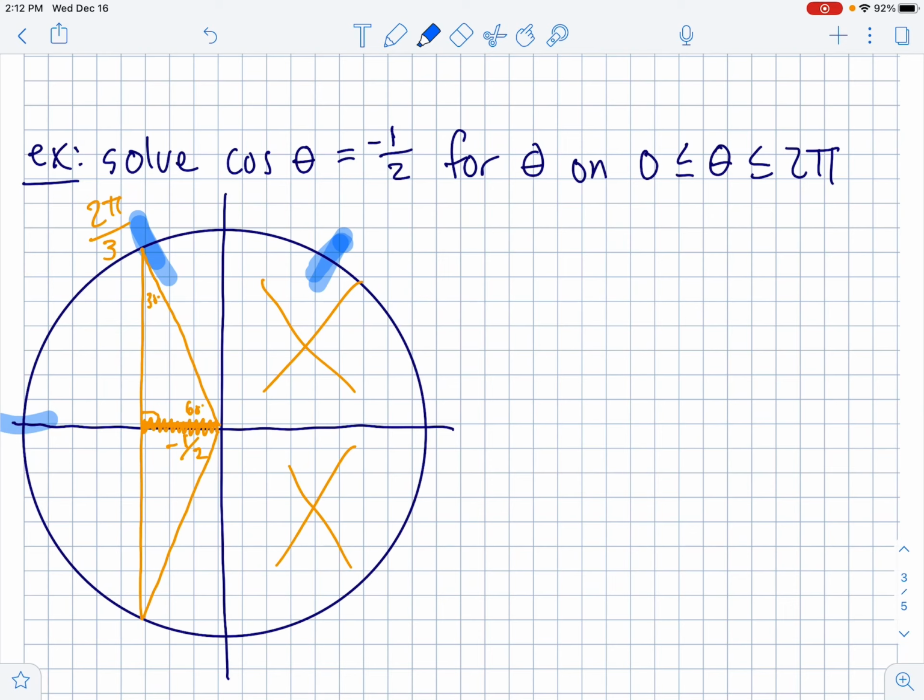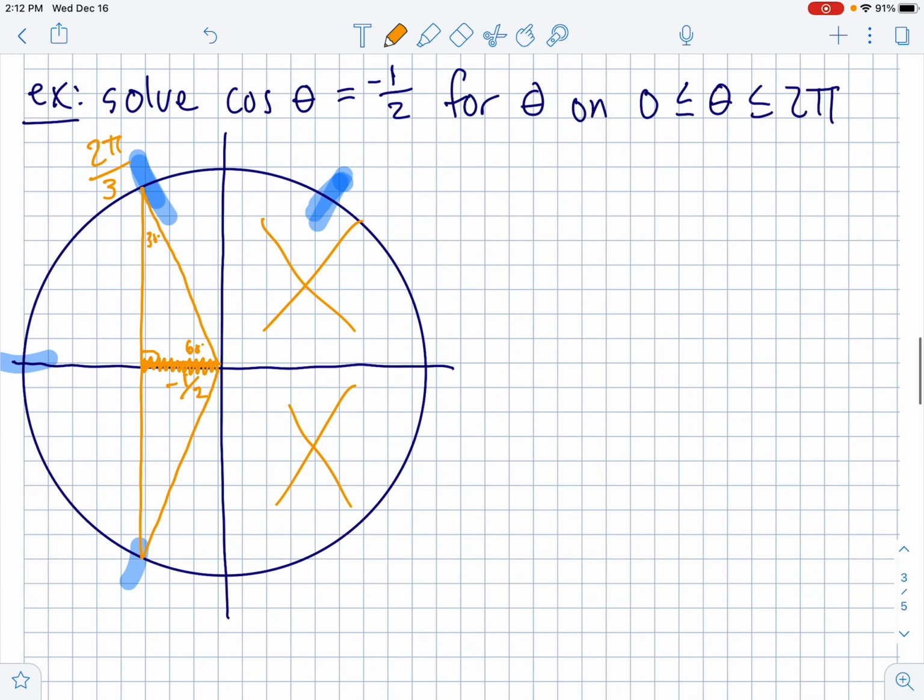So if this is pi over 3, 2 pi over 3, 3 pi over 3, this is 4 pi over 3. So theta equals 2 pi over 3 and 4 pi over 3.